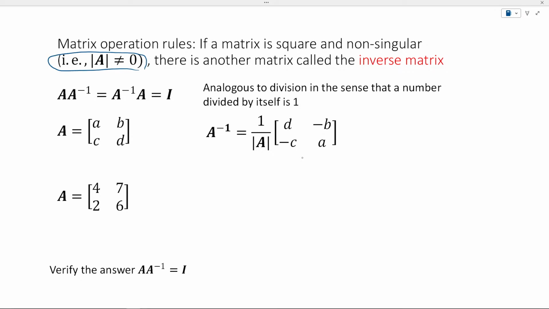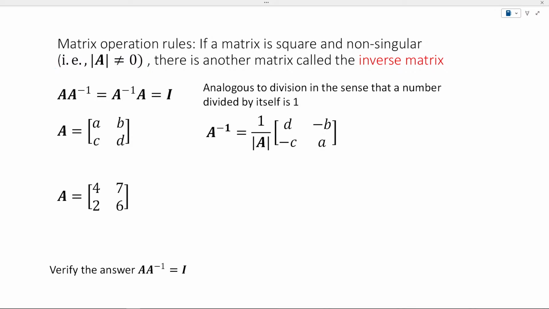There's no such thing as matrix division, but we can do an inverse matrix. You can think of this as analogous to division in the sense that a number divided by itself is 1, but it's not actually division. This is called the inverse matrix. So what does this mean?